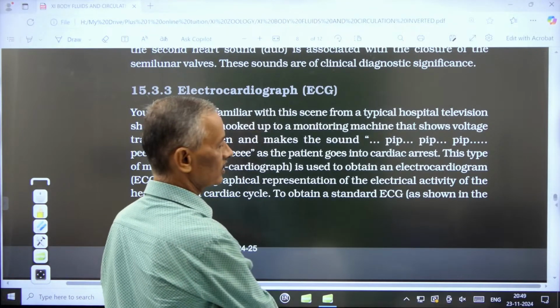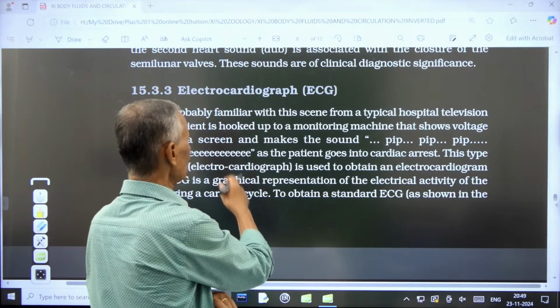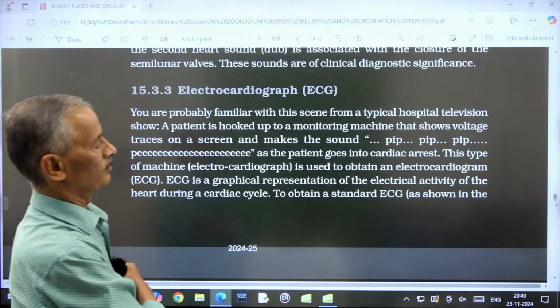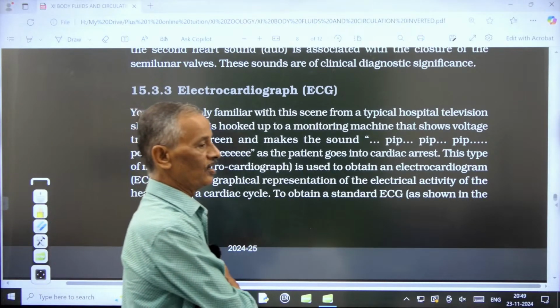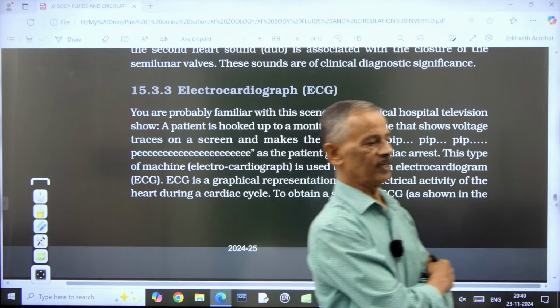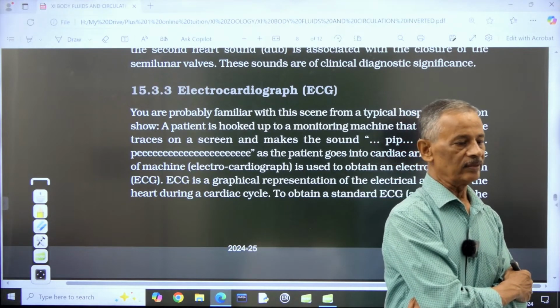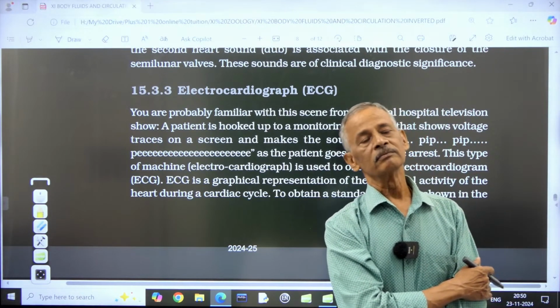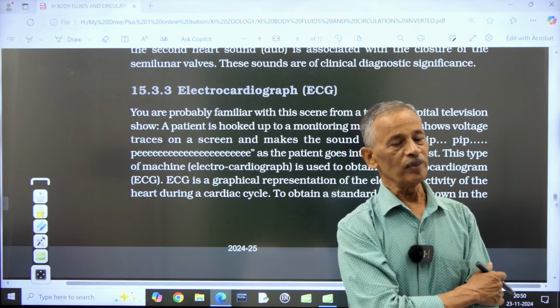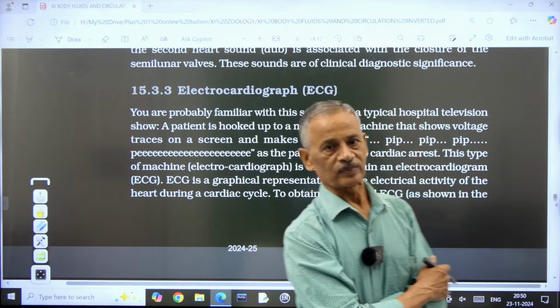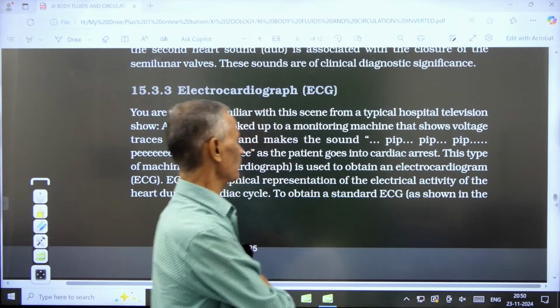It is the electrical potential that is recorded when the heart is undergoing its activities. When the heart is undergoing activities like systole and diastole, there will be small potential differences.